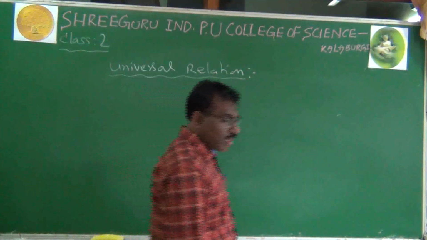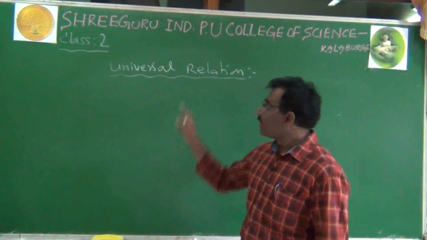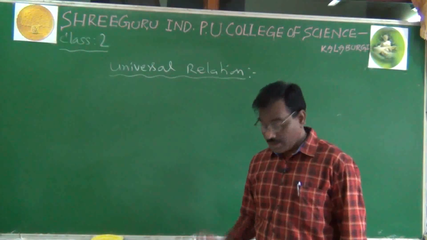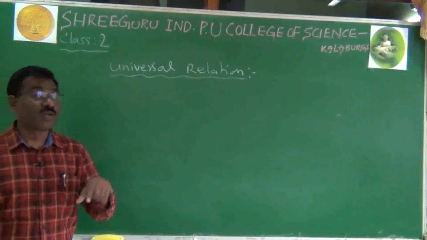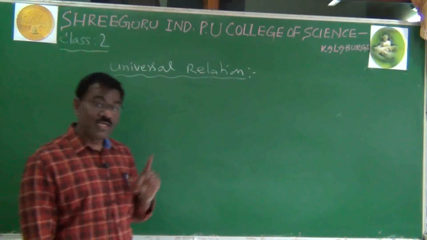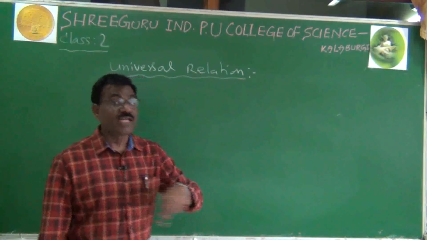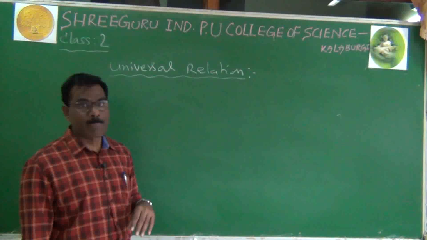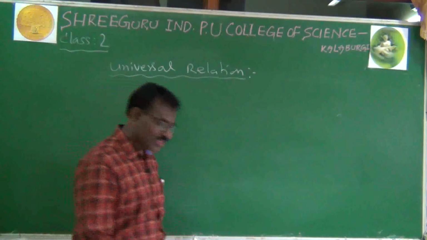A relation R on a set A is said to be a universal relation if each element of set A is related to every element of set A. I'll repeat once again.